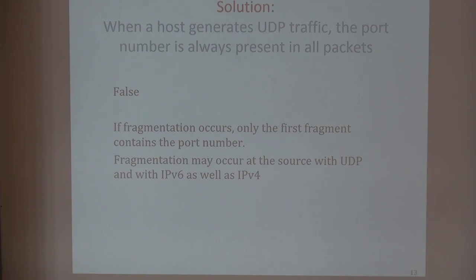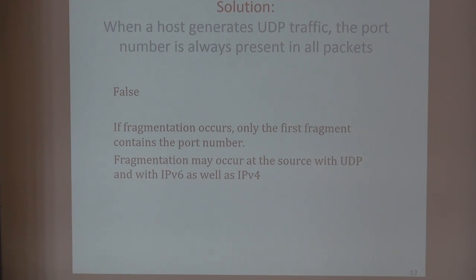So if you intercept the second packet, you will see that it is UDP because the IP protocol type, which is in the IP header, will say it's UDP. But if you have a non-zero offset in the fragment, what is at the beginning is not the UDP header. You're just in the middle of the data. So you don't know what the port number is.